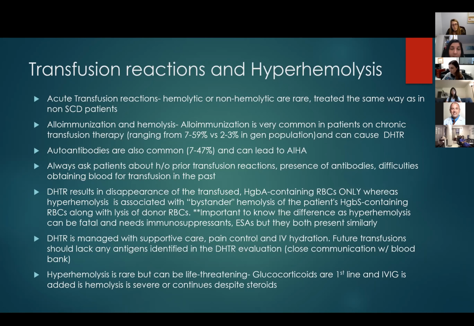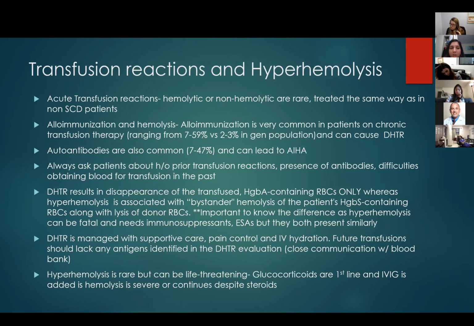So it's the hemoglobin A containing RBCs that are being hemolyzed, whereas in hyperhemolysis, you have bystander hemolysis of the patient's own hemoglobin S containing RBCs as well, along with the donor RBCs. So their hemoglobin electrophoresis will look different. And if you have a baseline to go off of, you can interpret these things looking at their hemoglobin electrophoresis.